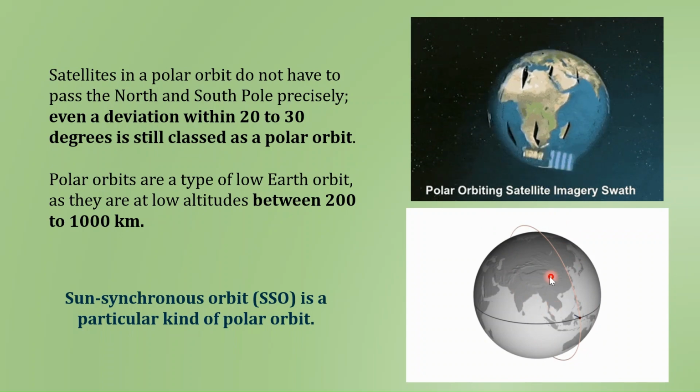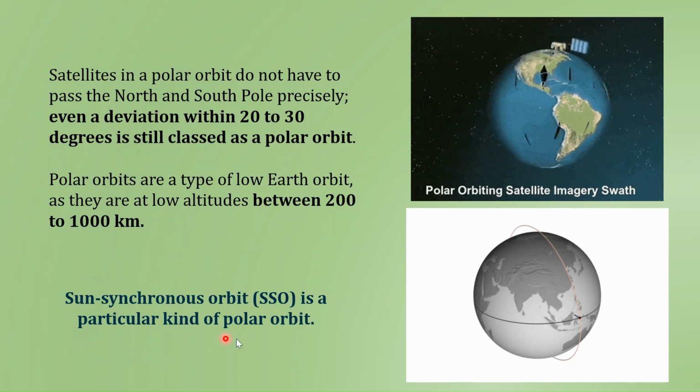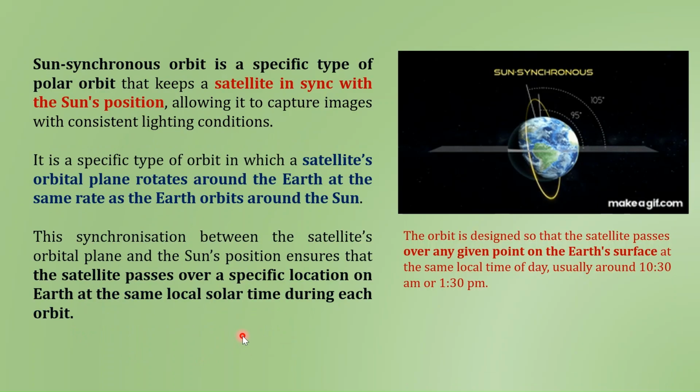Within the polar orbit, we have the Sun-synchronous orbit, which is a particular kind of polar orbit where the satellite is synchronized with the sun's position so that it can capture images or data with consistent lighting conditions.